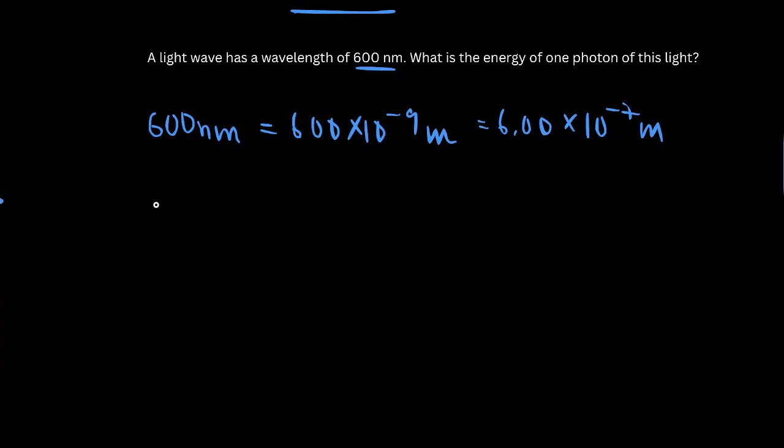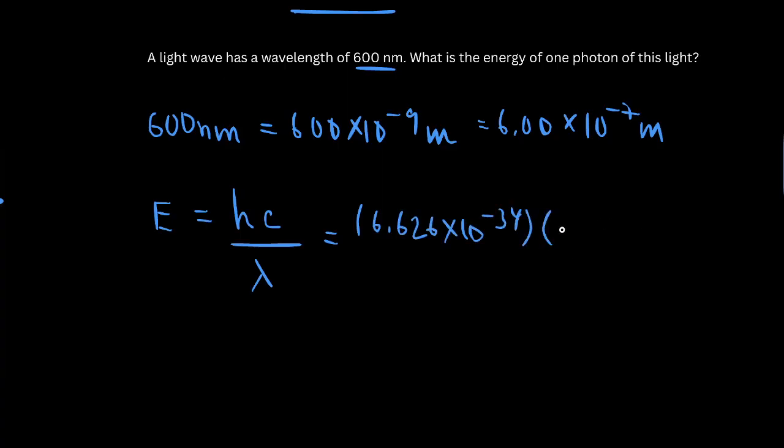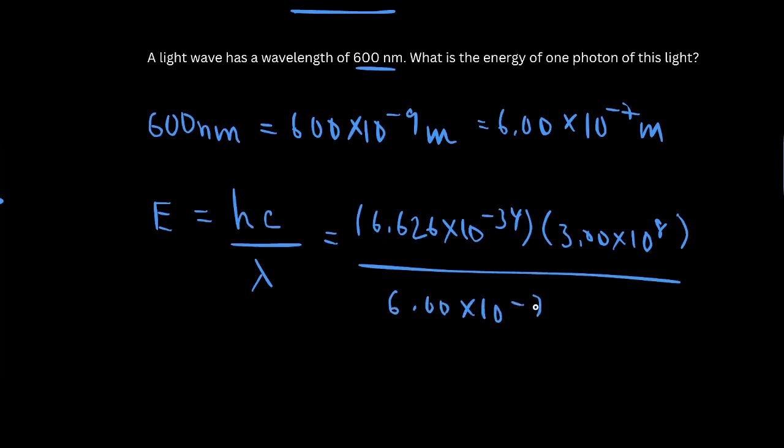So we can see that our energy is going to be Planck's constant times the speed of light divided by our wavelength, which is going to be 6.626 times 10 to the negative 34 times our speed of light, 3 times 10 to the 8th. And now we divide by our wavelength, 6 times 10 to the negative 7.